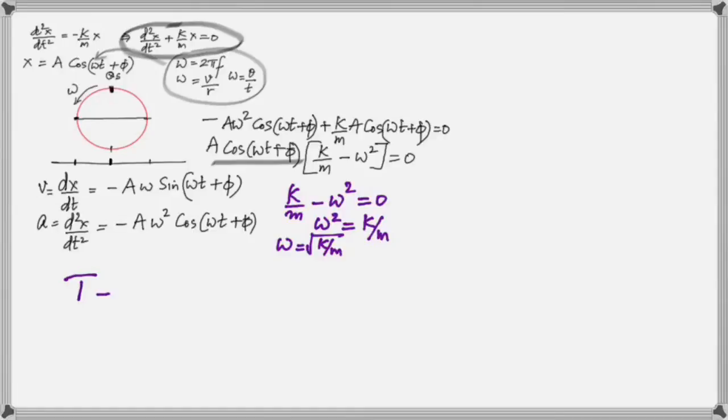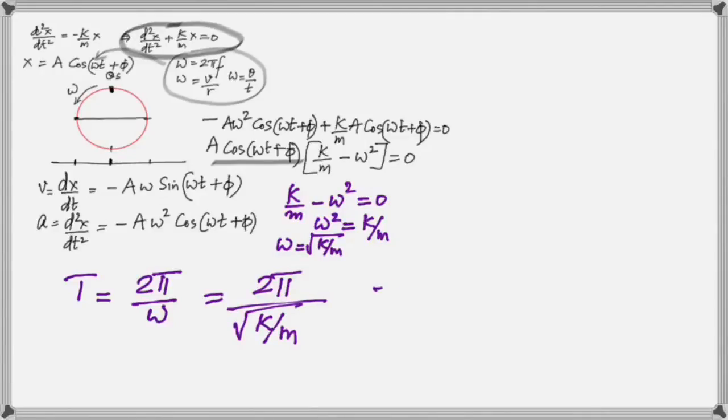T is 2 pi by omega. And just now we got the value of omega, which means you can put 2 pi by square root of k by m, which means you can flip it and write it as 2 pi square root of m by k.